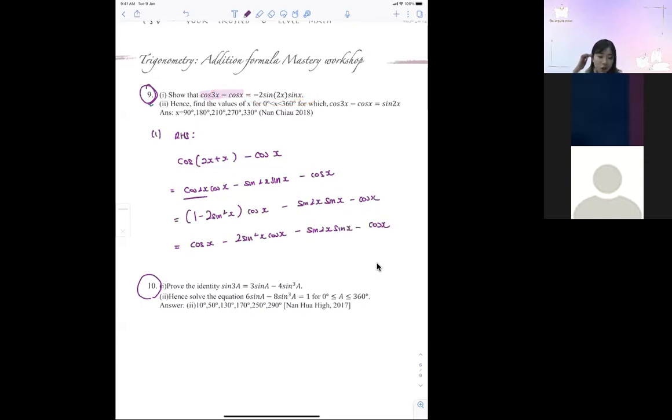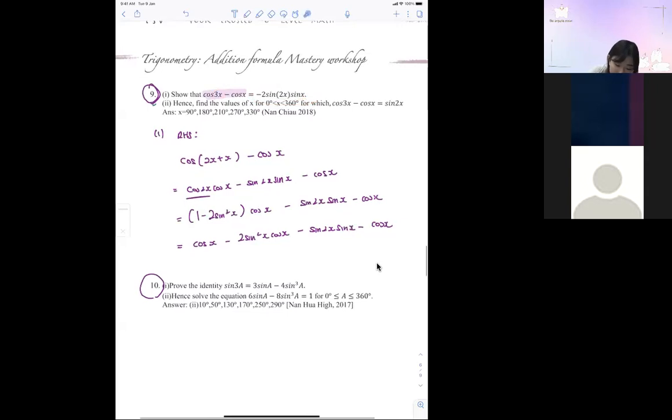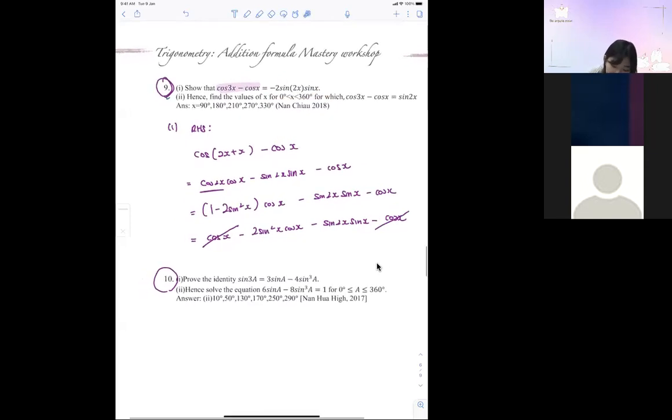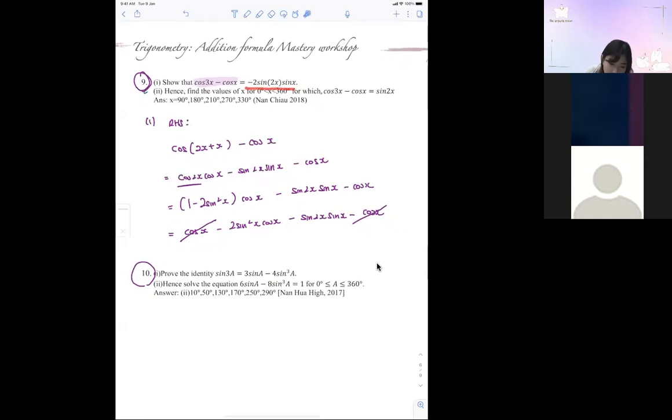Once we reach here, cosine x and minus cosine x can cancel. We are almost there. I want minus 2 sine 2x sine x, so I must slowly change this to sine x and sine 2x.